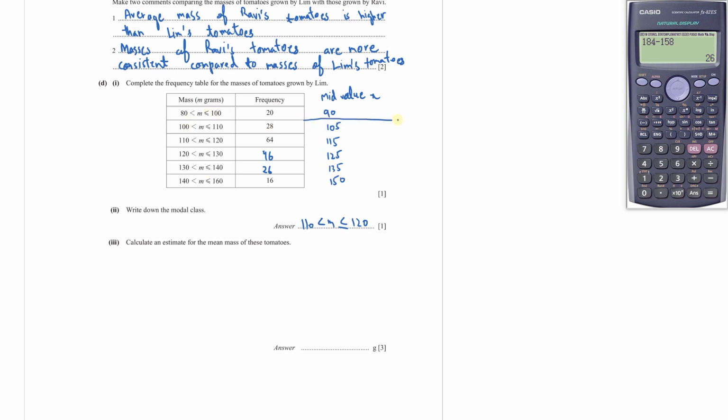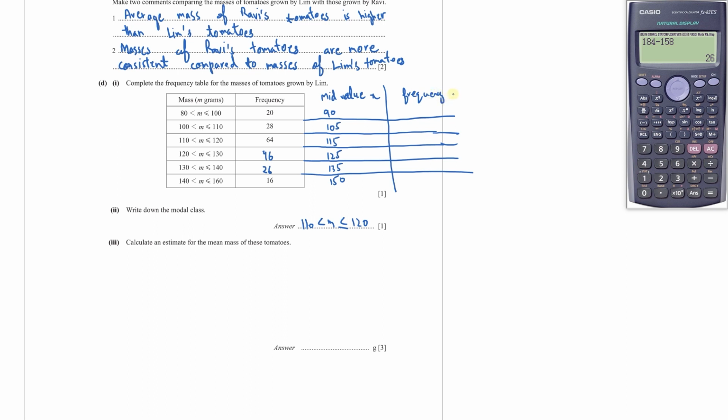So let me extend these lines here. And then you multiply frequency into mid value.